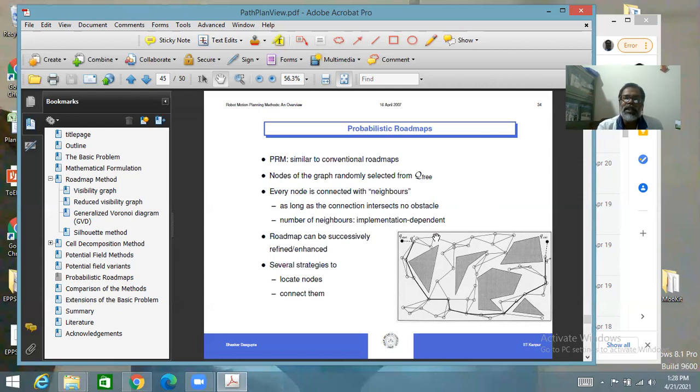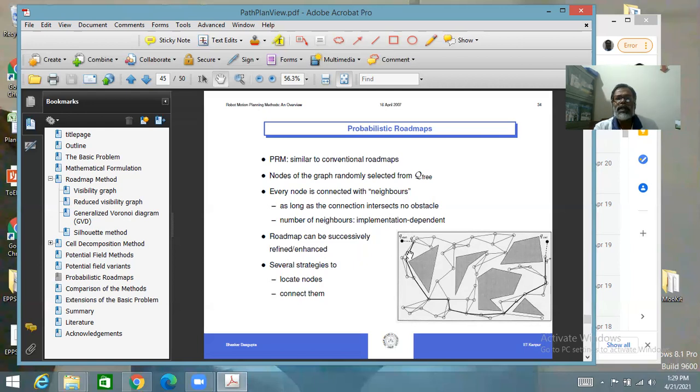Then from here, the new 3 that were generated, perhaps one was here, another was here, another was here. So these 2 you connected because the paths were free. This little path was crossing through an obstacle, so you did not connect it. Like this, you go on trying neighbors and incorporating them in the graph if they are fine, if there is a continuous path between the 2 points.